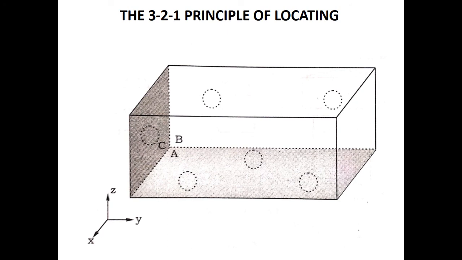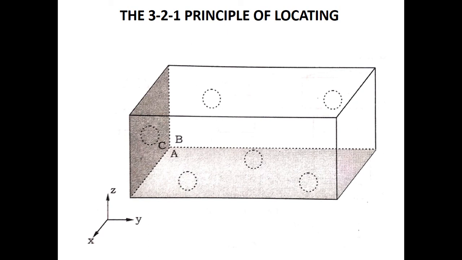Okay, let's see what it means. If you look at this picture, a rectangular block is shown here, and this block is supported at the bottom surface. You have a bottom surface, a side surface, and a top surface. Now I'm going to explain the 3-2-1 principle of locating.